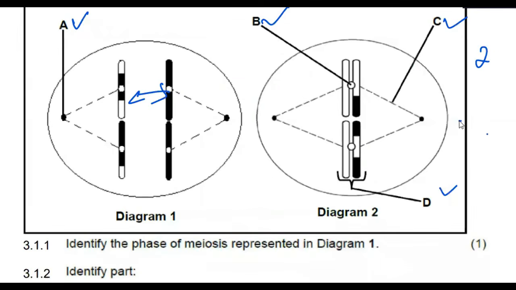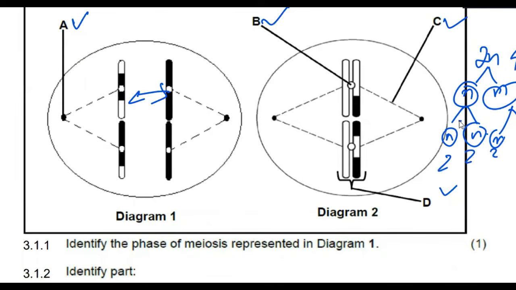For example, you start with 1N, and then you form 2 cells, and then those 2 cells divide to form 1N each. So if you start with 4 here, it's going to be 2, 2, 2, 2.